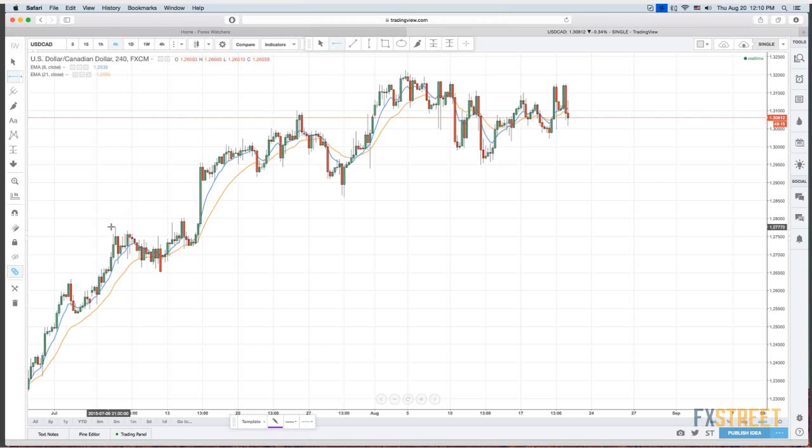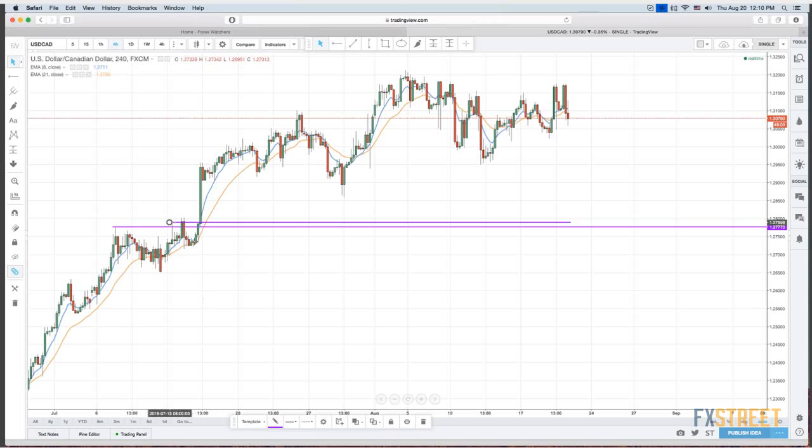All right, here's the first question. Is that support and resistance, or is that support and resistance? Is it the longer line, or is it the shorter line?